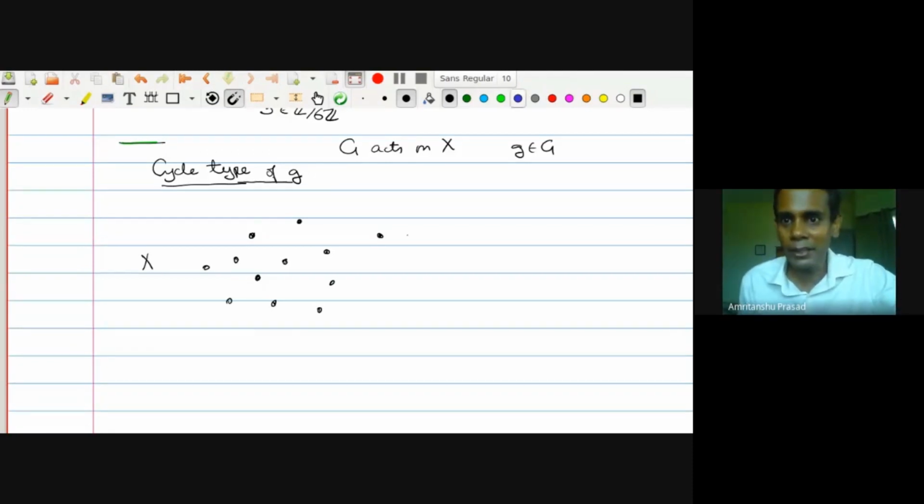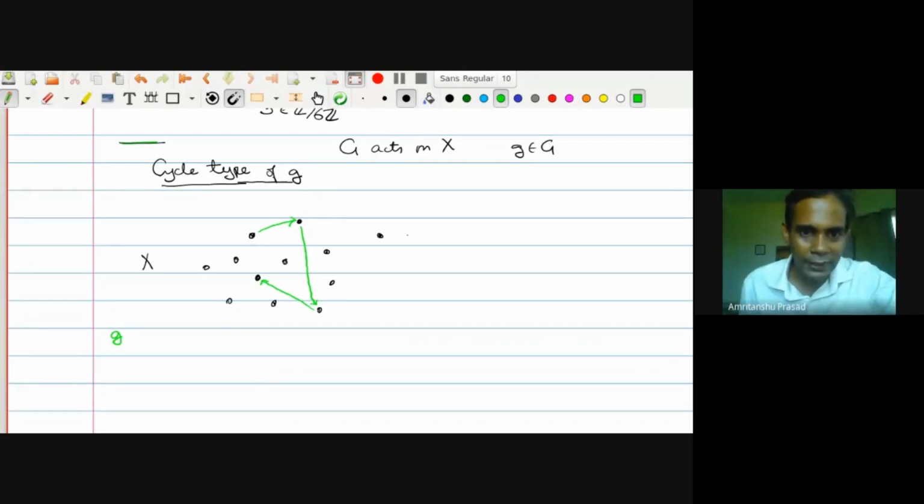And then I have an element g, and I take any element x in X, and I will draw an arrow to say where g takes this to. So g, let's say, takes this element to this element, and then takes this element to this element, and so on. And at some point, I have to come back to where I started.